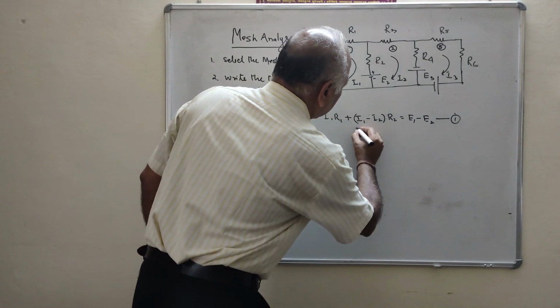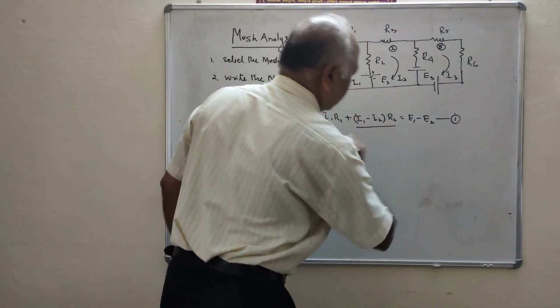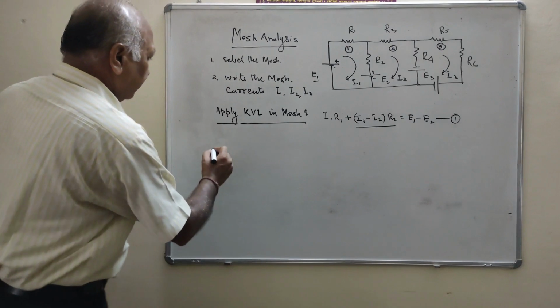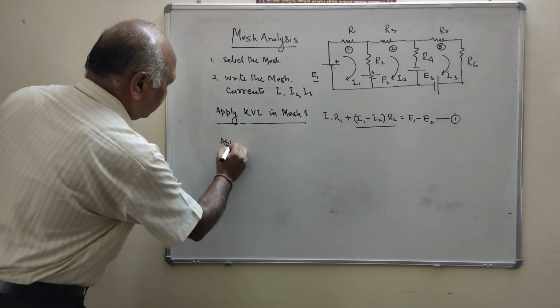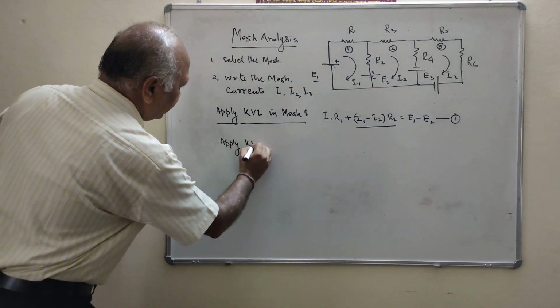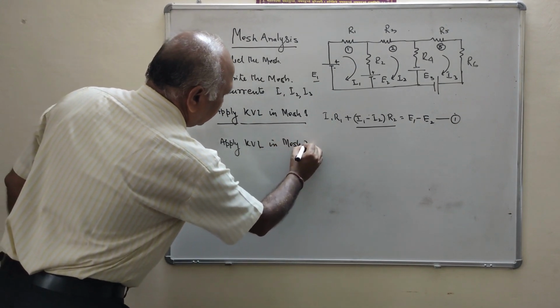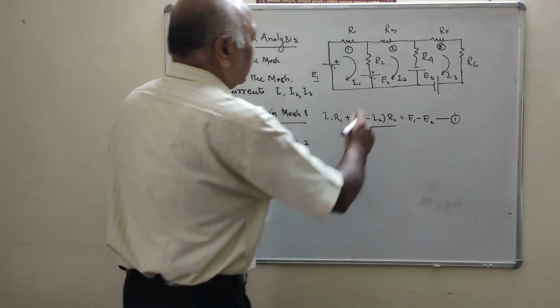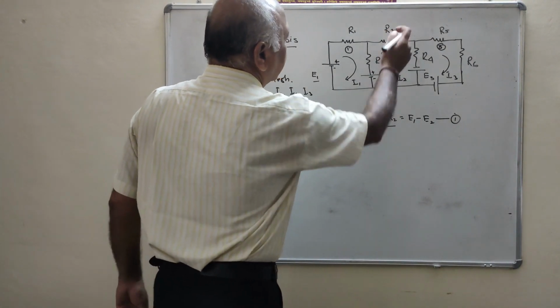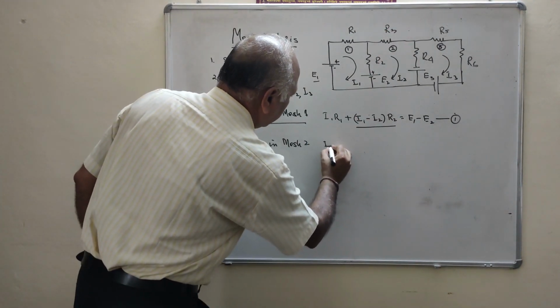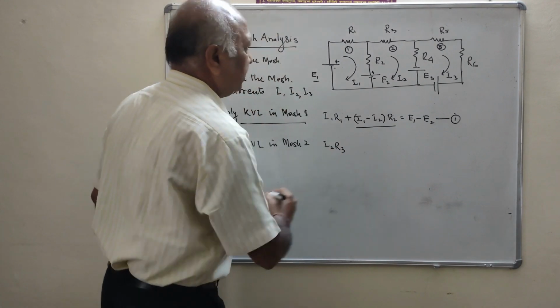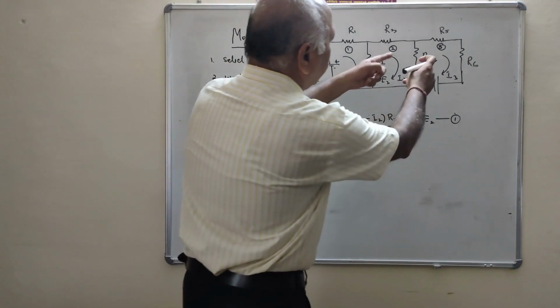Now you will see, I am underlining this. When we apply KVL in mesh 2, what is the drop in R3? That is I2 R3. Plus, what is the drop in R4?